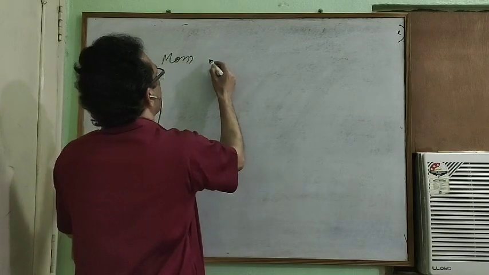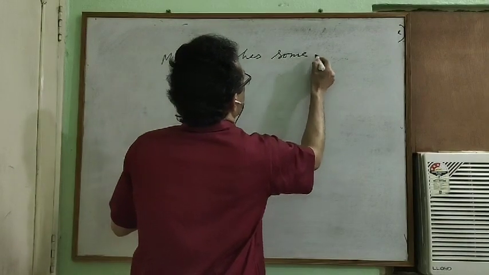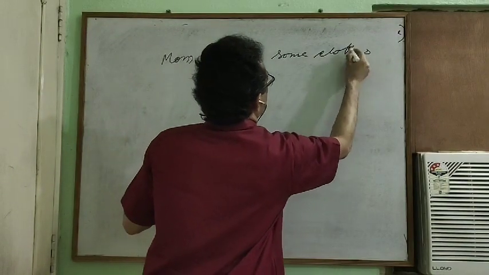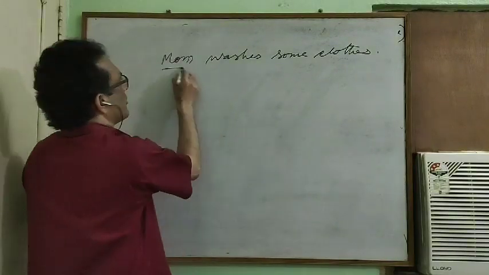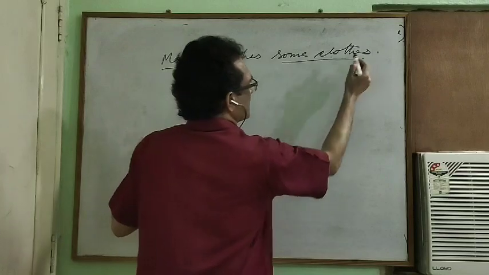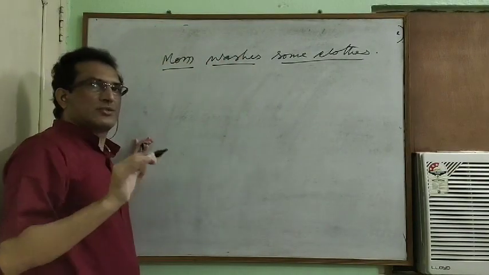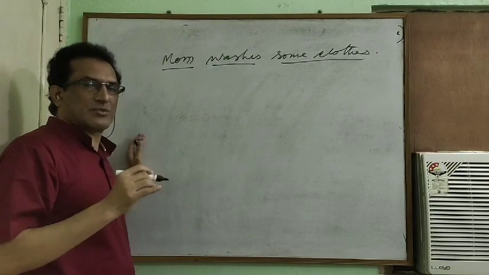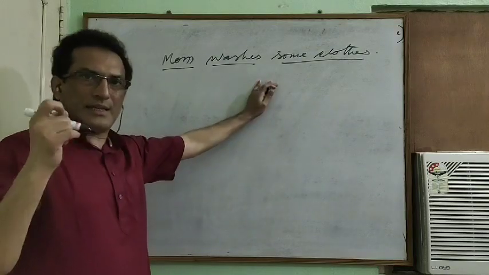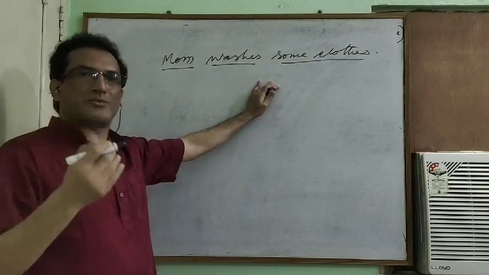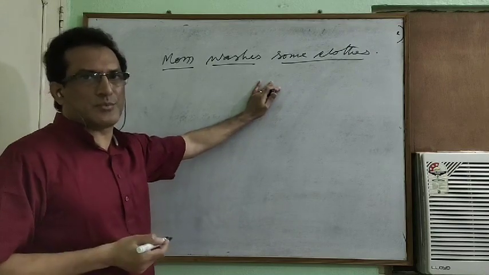Mom washes some clothes. Mom washes some clothes. So here, mom is the doer of the action, clothes the action received. So washes is said to be in the simple present tense. So what are the forms of be? Is, am, are. And we know that is, am both are used with singular and are is used with plural.